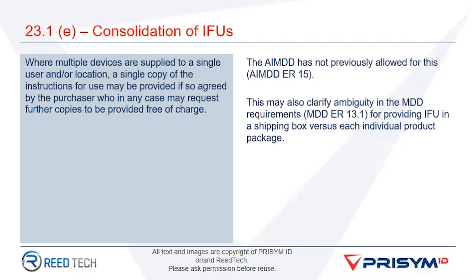This does require prior agreement, and you must be able to provide additional copies as required. Now, that last clause can sometimes be significant. You need to ensure that you have the ability to supply these additional IFUs, and this is often outside of your normal manufacturing process. So ensure that this is viable and that you have processes in place to allow you to do this.